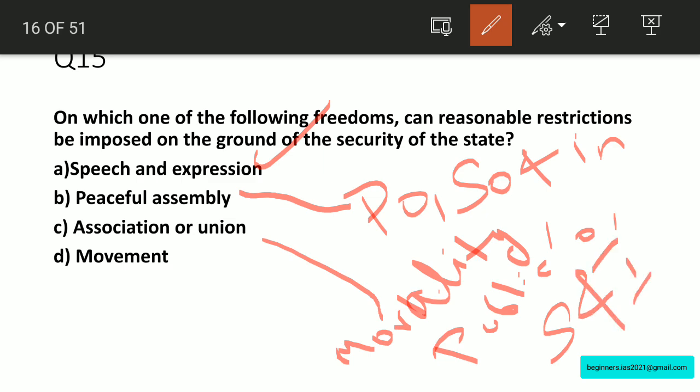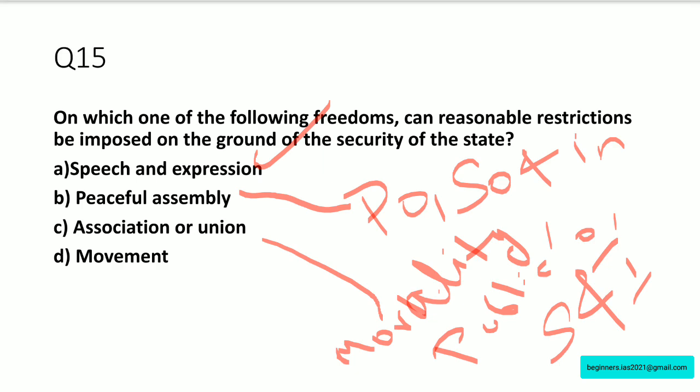So what about movement? Movement can also be restricted under general public interest and protection of the interest of any scheduled tribes. Therefore, the answer for the question is speech and expression. It is based on the grounds of security of the state.